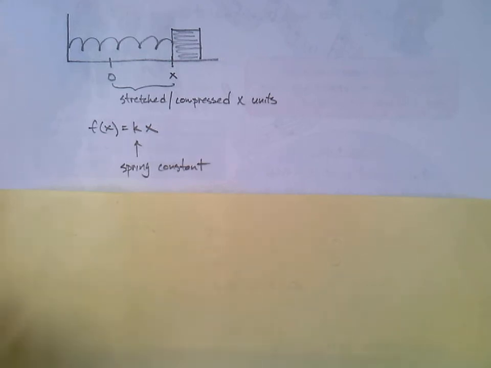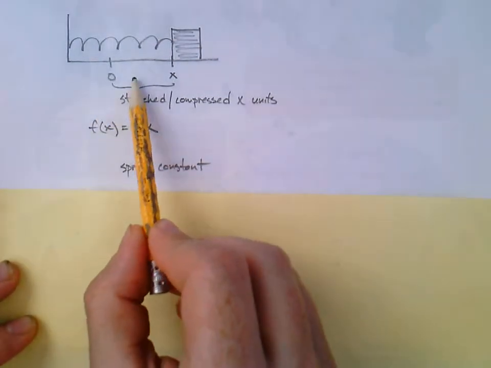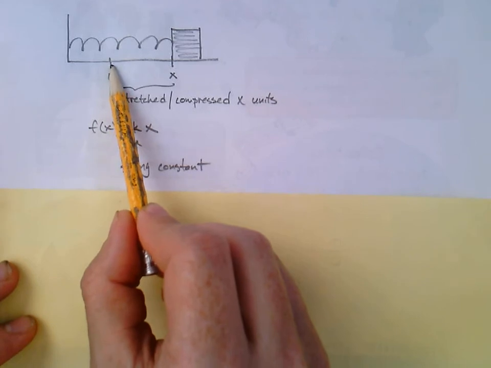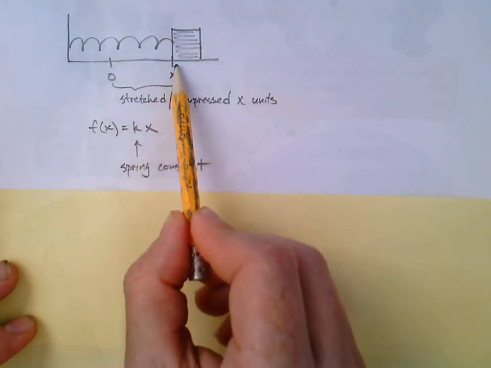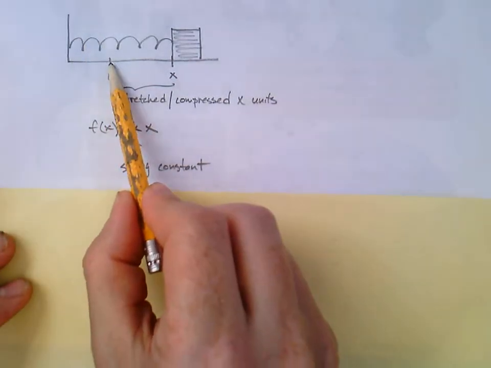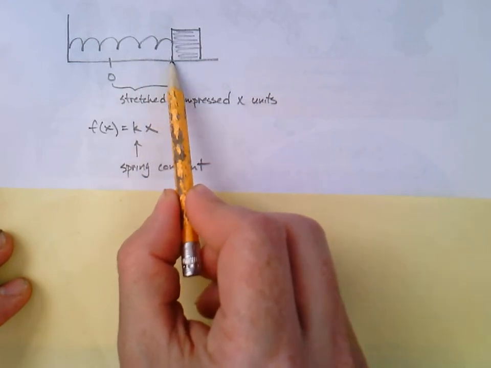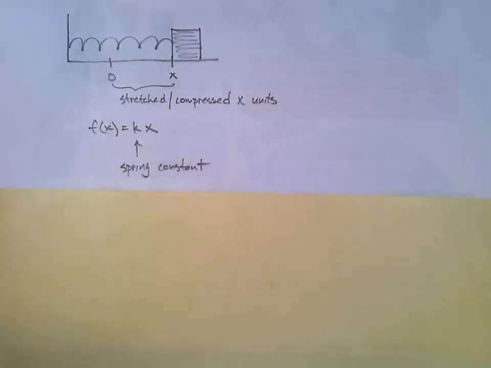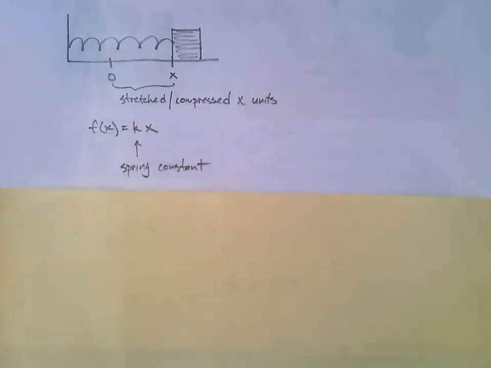And you multiply your distance by k, that's how much force it takes. And it makes sense, right? If I stretch the spring a little bit, that doesn't maybe take much force, but the more I stretch that spring, the harder it gets to stretch it that much further. So maybe the first couple of inches is easy, but then the next couple of inches, the same distance is going to be a lot more difficult than the first few. And that would be represented by this simple formula here.